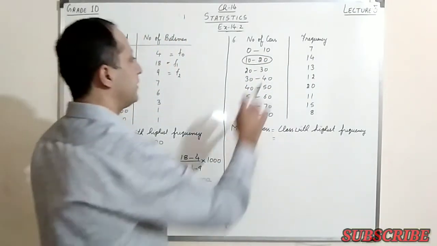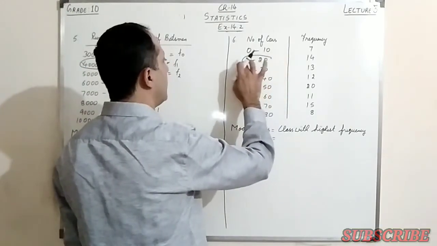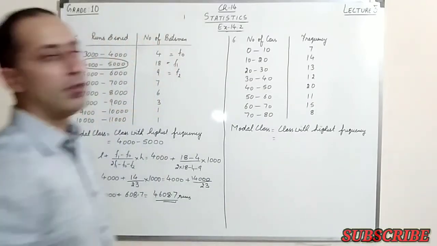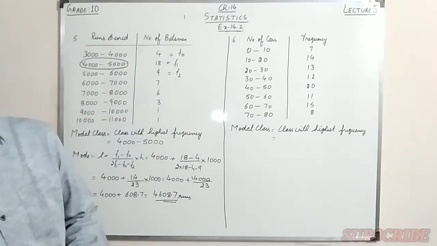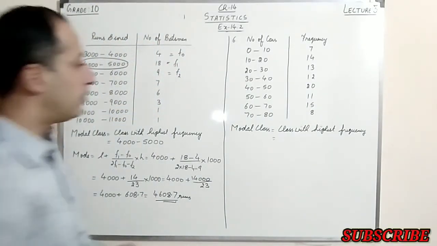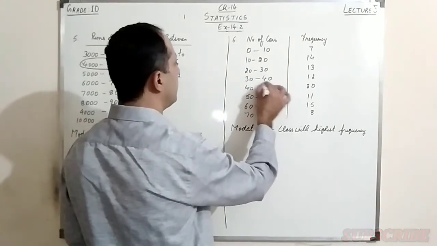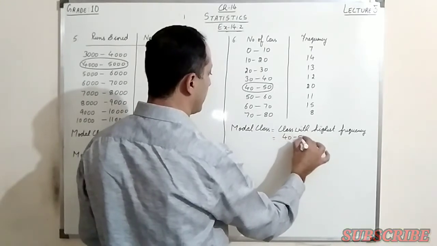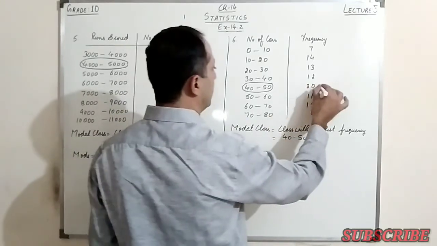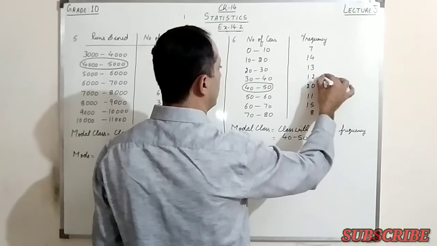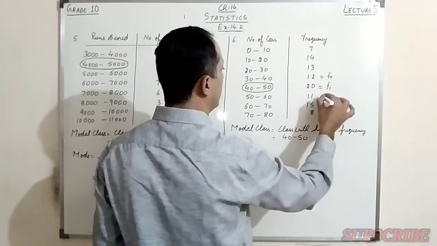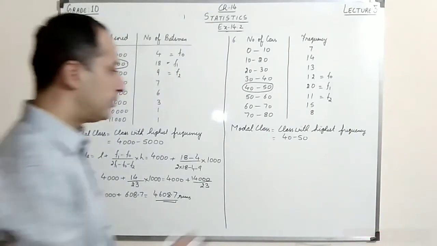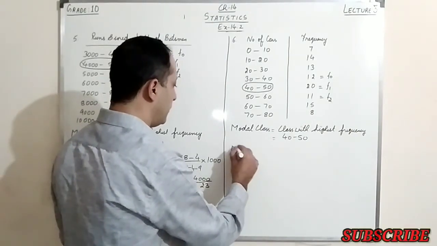No, not this class, but our modal class is basically this one, right? Because it has the highest frequency, that is 20. So our modal class is 40 to 50. So this means this is our F1, this will be our F0, and this will be our F2, right? So let's substitute the values to find the mode.